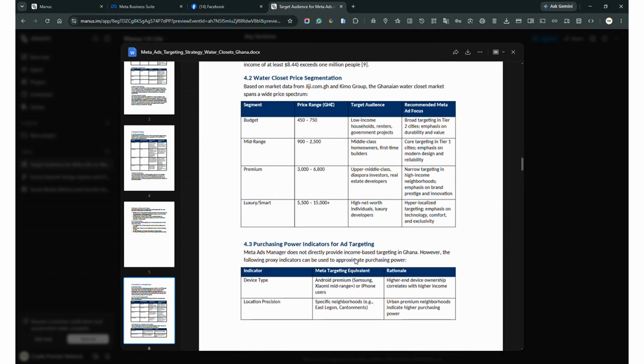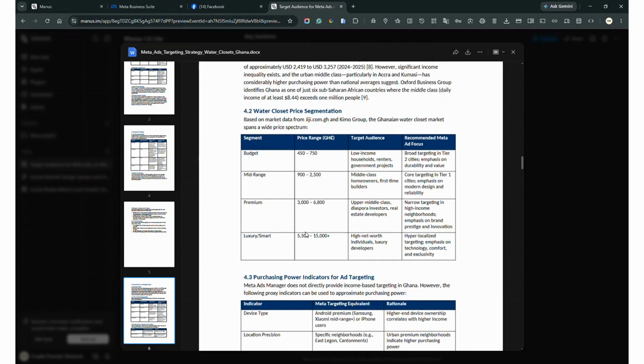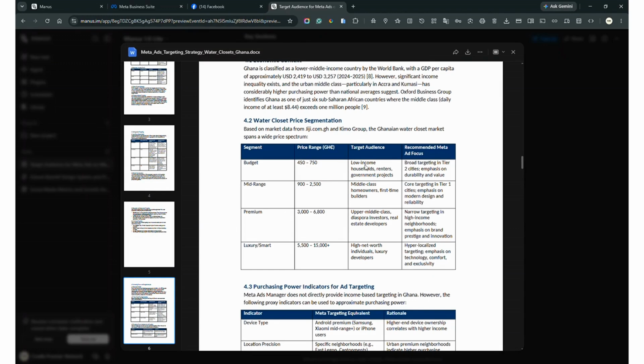Okay, sounds good. I think I might have gotten this part wrong. What I'm beginning to think is that this is the price range, meaning how much a low income household renter can afford. Someone from the low income group can afford a water closet as low as 450 to 750.